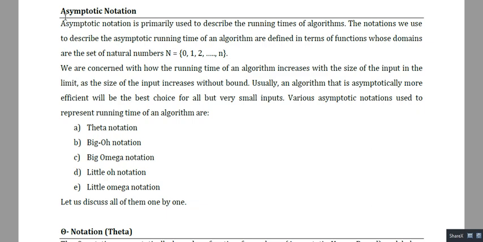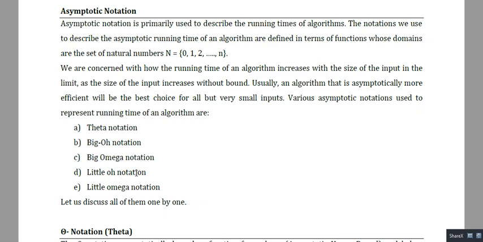Okay, so in this asymptotic notation we shall be describing the running time of an algorithm in terms of the input size n, right? So various notations I shall be discussing here: theta notation, next big O notation, then big omega, followed by little o notation, then finally little omega notation.